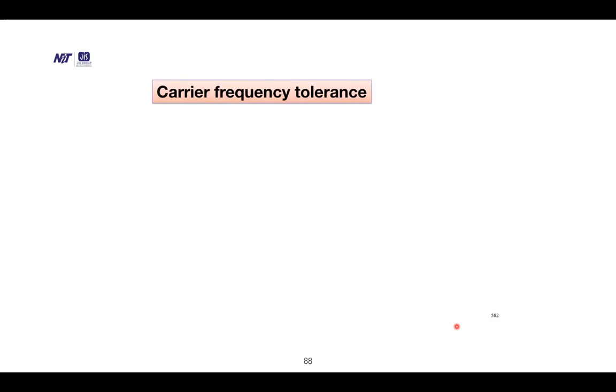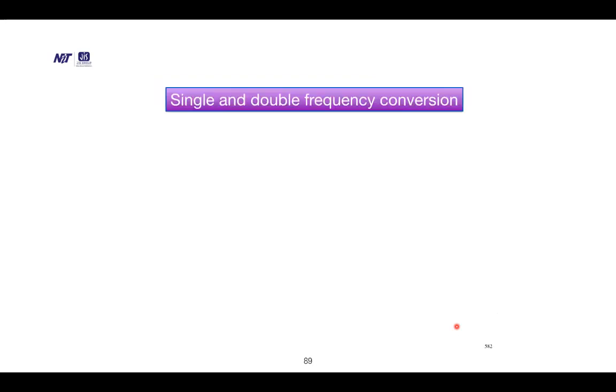Now carrier frequency tolerance. The frequency tolerance for the transmission of FDMA FM carriers is specified from plus minus 40 kHz to plus minus 150 kHz. Single and double frequency conversion.